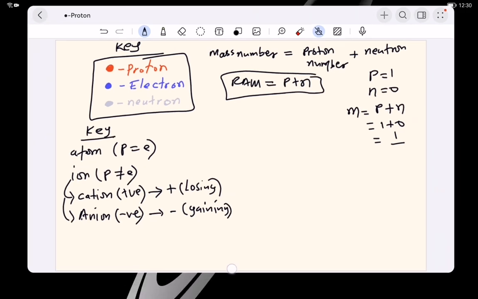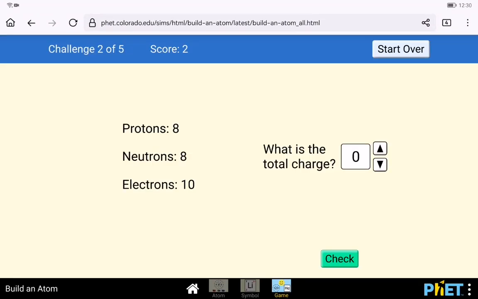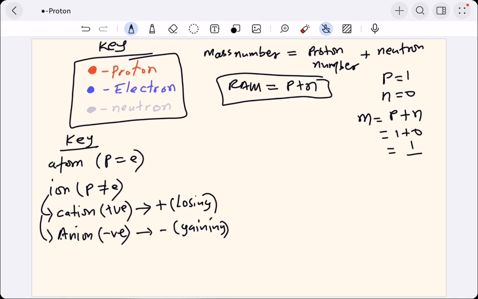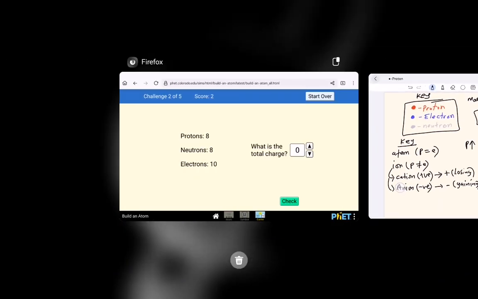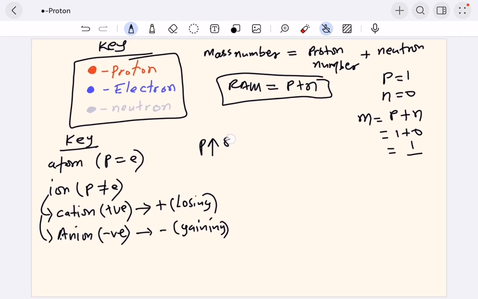So how do we go about answering this question? What is the total charge? For the charge, we just compare the proton number and the electron number. In the given question, we have proton number 8, which in terms of electrons goes to 10.